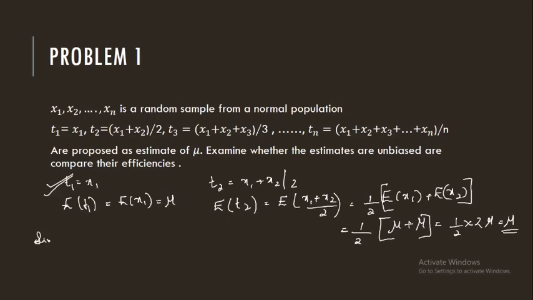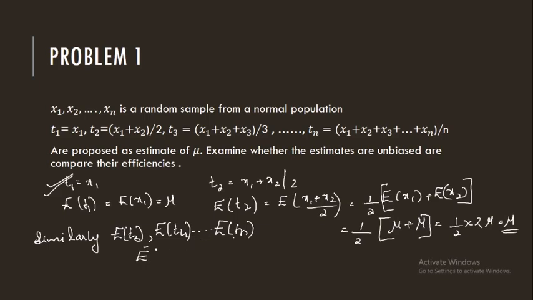Similarly, the expectations of T3, T4, etc., up to Tn are all equal to mu.